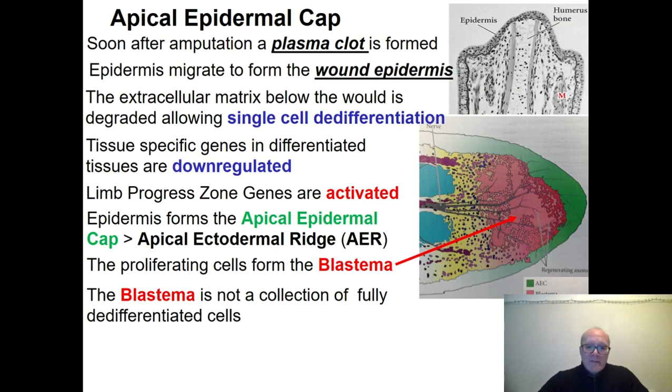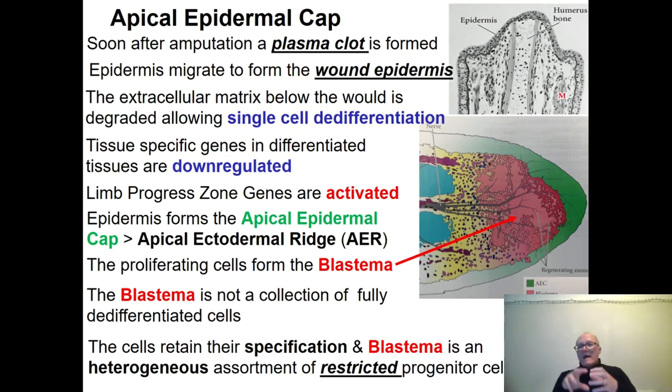However, the blastema is not a group of completely undifferentiated cells. It's not exactly like, if you want, the progress zone.